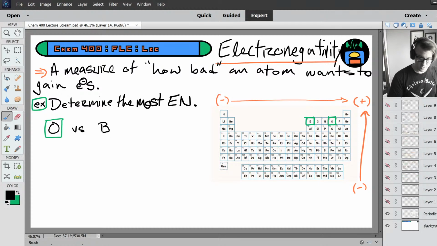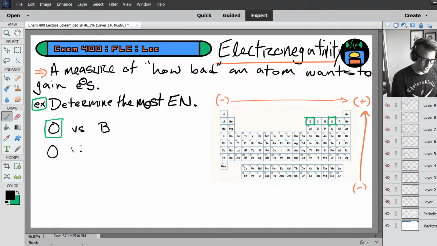More electronegative than boron. What about oxygen versus bromine? Or, hang on.